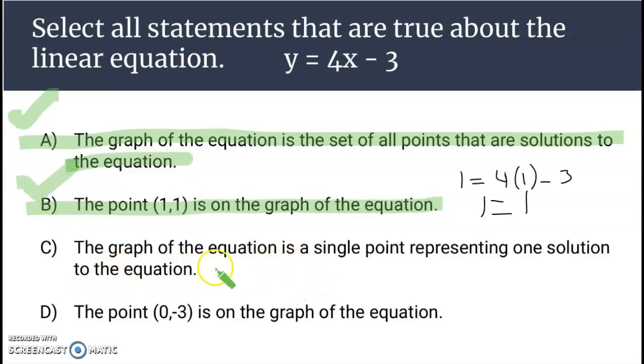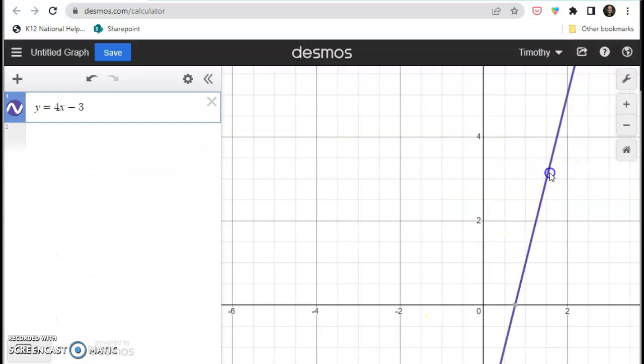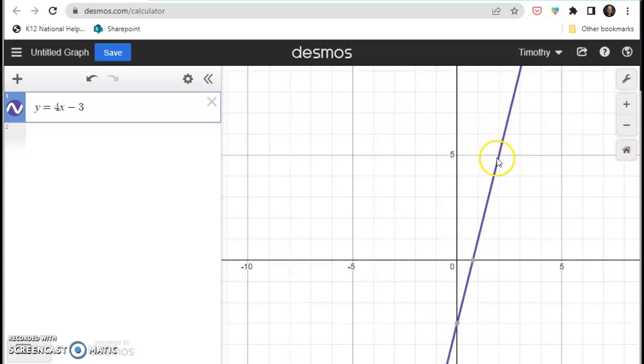All right, C, the graph of the equation is a single point representing one solution to the graph. No, the graph is a whole bunch of points. Go back to Desmos here and look at this graph. All these points on the purple line here, there's an infinite number of them. Any of these combinations of xy coordinates makes the equation true. Notice some are decimals.